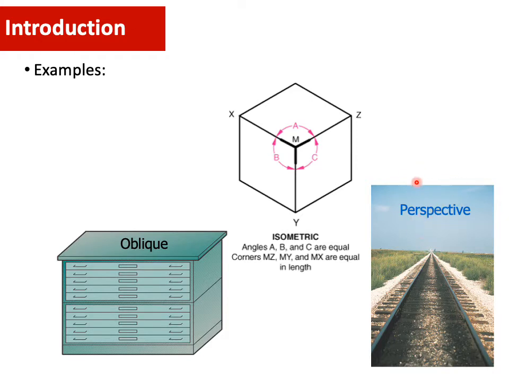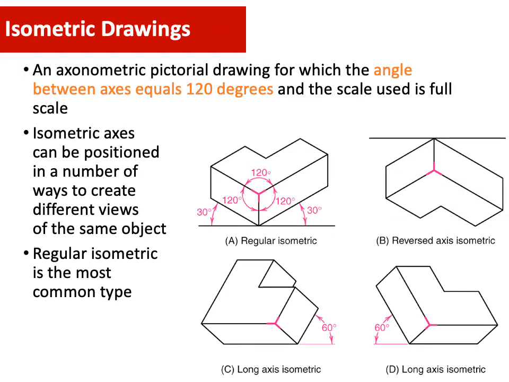Perspective is more for architectural drawing. If you want to draw a scenery or a building, it's preferable to use perspective. So remember, you have three types of these pictorials. Okay, first we are entering the isometric.